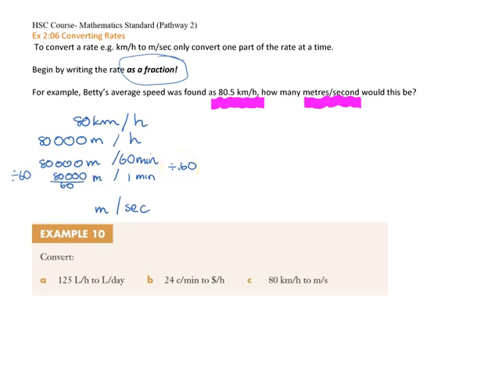I'm just going to move that because I'm running out of space. So if you set yourself up like this, give yourself a very generous amount of space. I will continue with this up here, which was 80,000 over 60 per 1 minute.